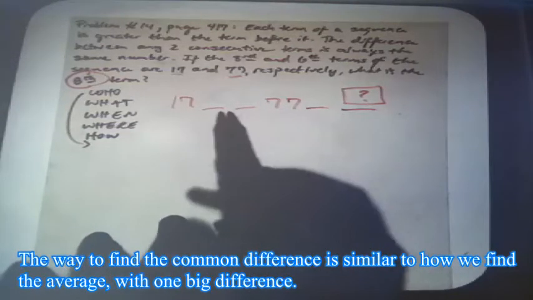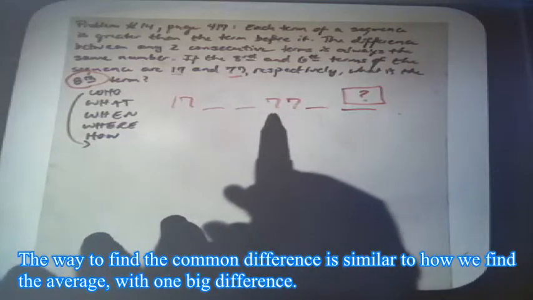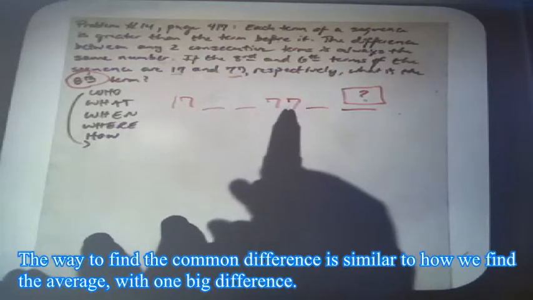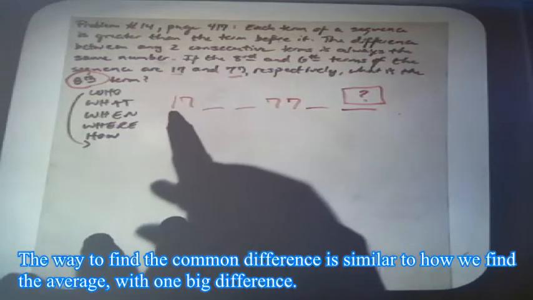Another way to do this is we can easily find the common difference between the terms by basically finding the average in a way. Well, not quite like finding the average. The way we can find the difference between the terms is we can find the difference between the third and the sixth term.